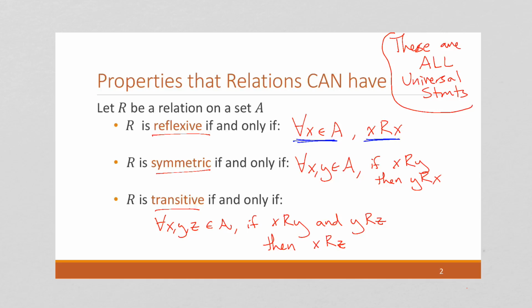And similarly, a relation is only symmetric if for every x that's related to y, then y is also related to x, and so on. This is also universal. So let's see an example, because it can be difficult to understand what's going on without a concrete example.